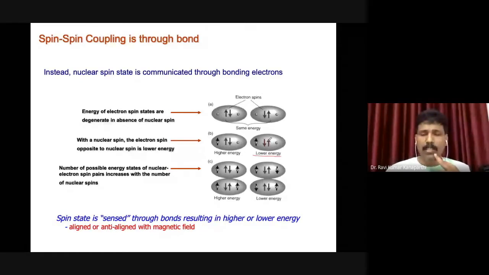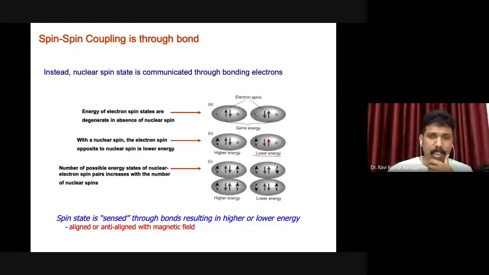So this is one configuration. And the other possibility is that the nuclear spin is up, and the electron spin can also be up while the other is down.